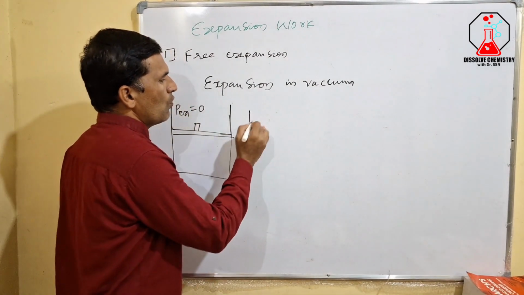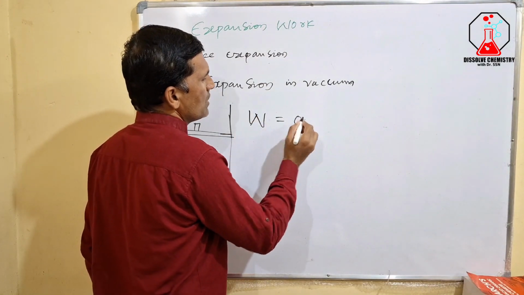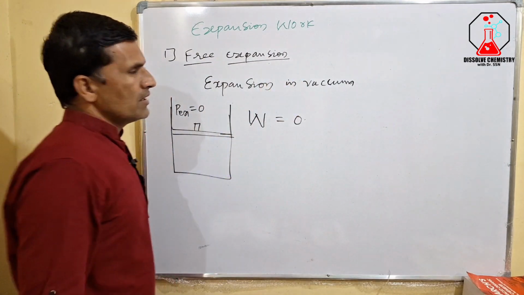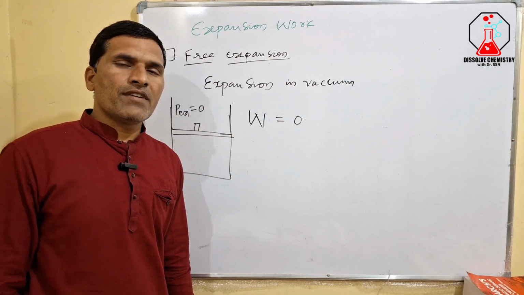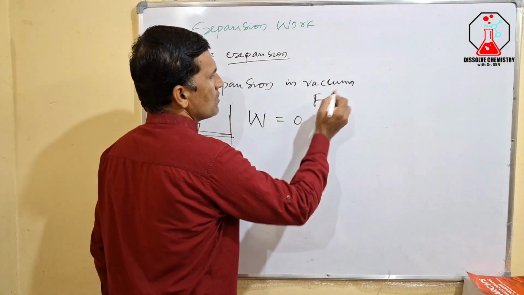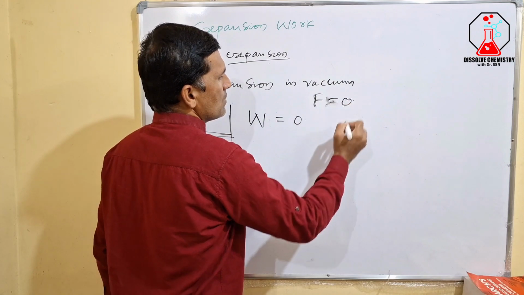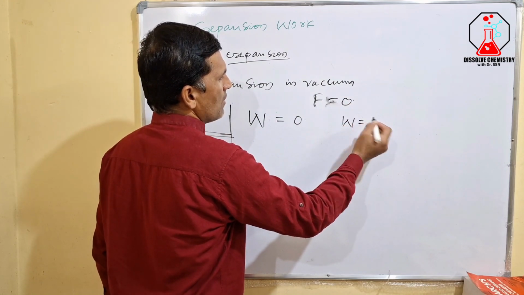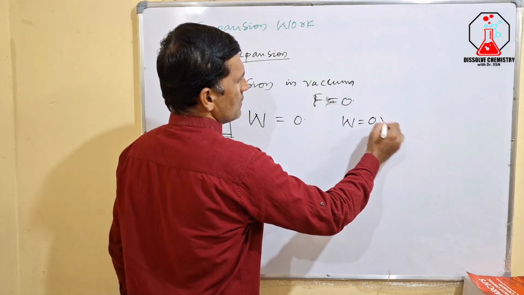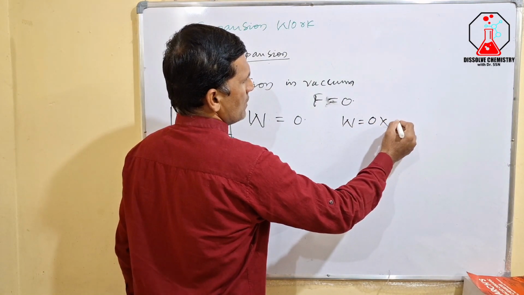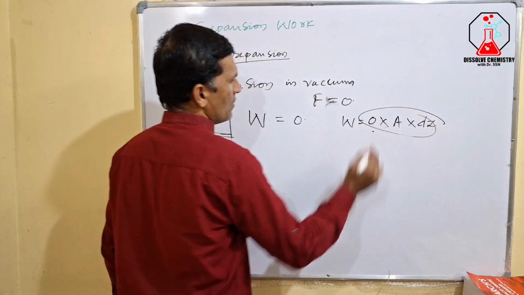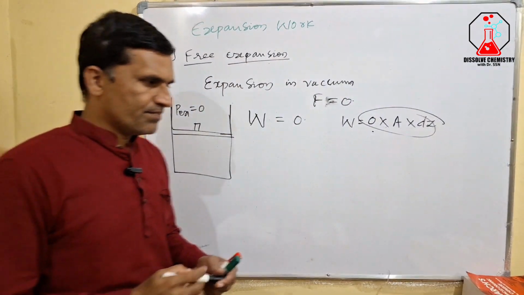So therefore work done will be equal to zero when it is undergoing free expansion. Opposing force is zero, so if you take the general work definition, that is 0 into area into dz, the overall will be 0. So that is called free expansion.